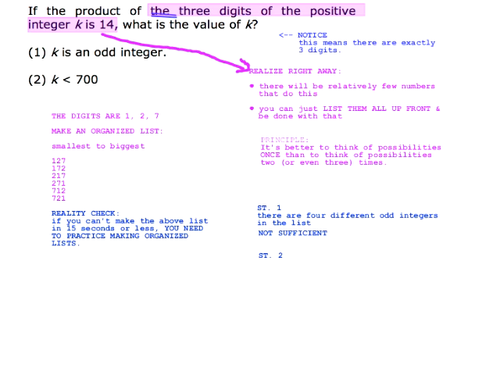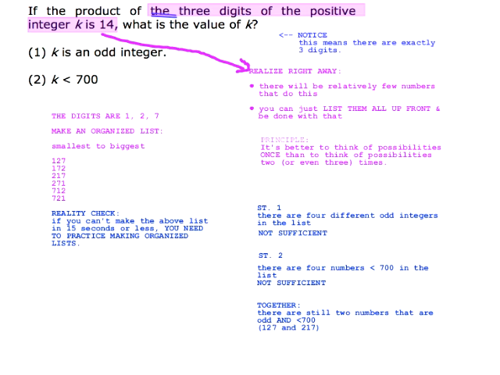There are 4 numbers less than 700. So that's not sufficient. And then together, there are still two numbers that are odd and less than 700, which are 127 and 217. So still not sufficient. And this is E, elephant.